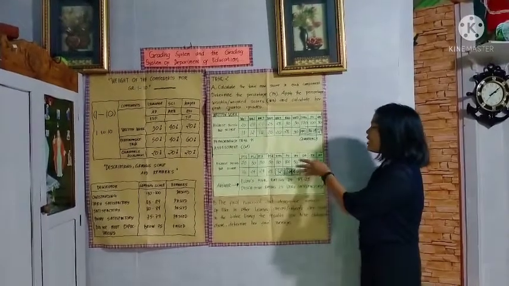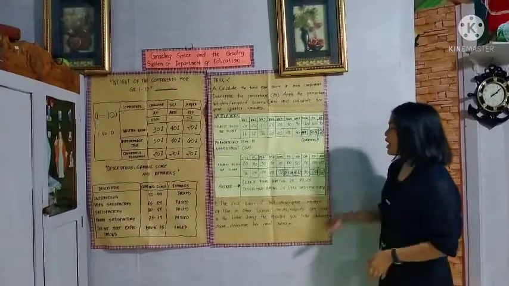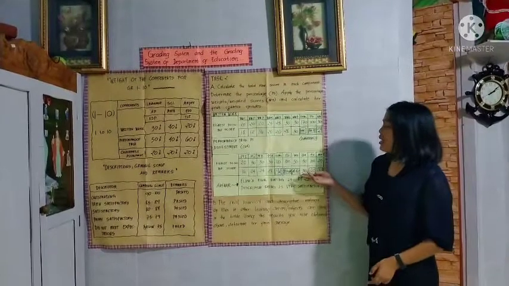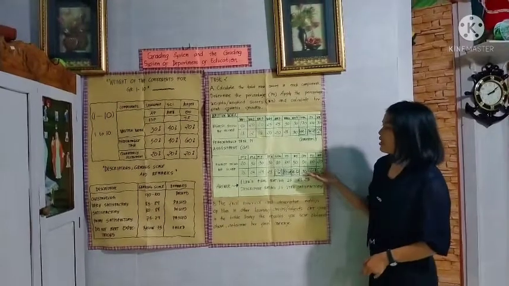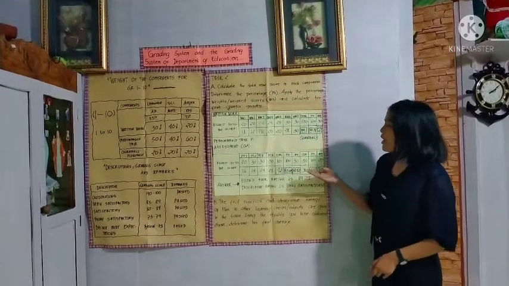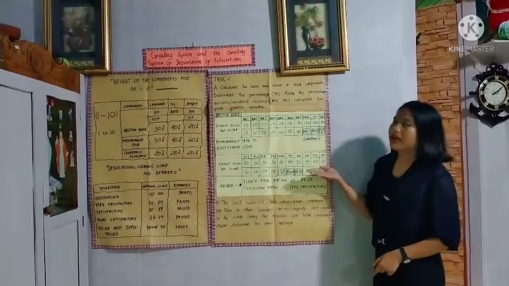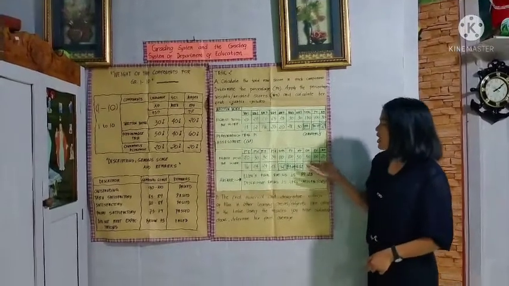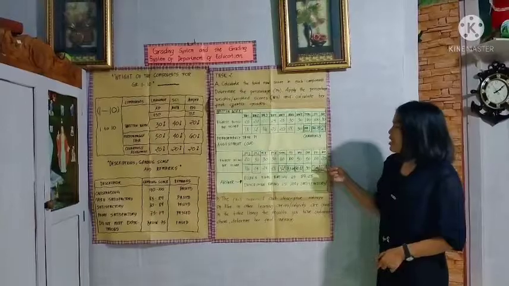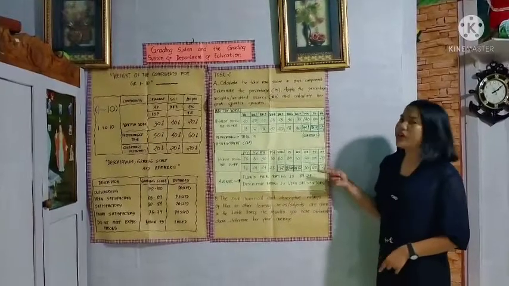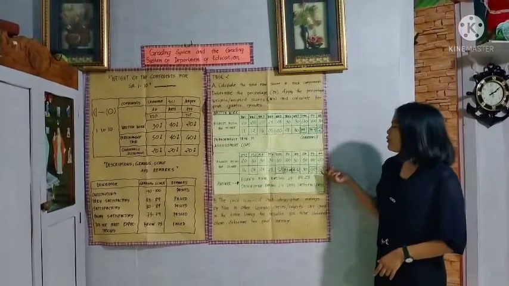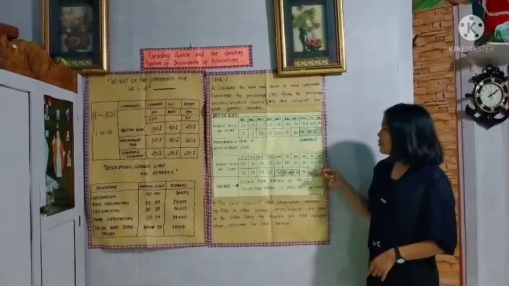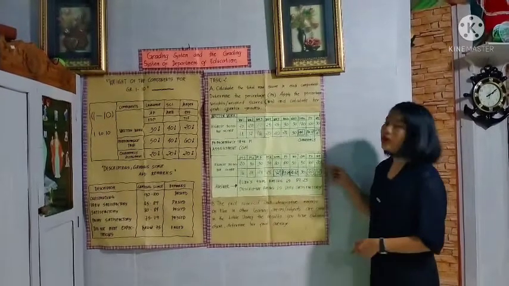In quarterly assessment, we have 30 total for the raw score. We divide 30 by 50 times 100 equals 60. To get the weighted score in quarterly assessment, we multiply 60 by 20. So where do we get the 20?